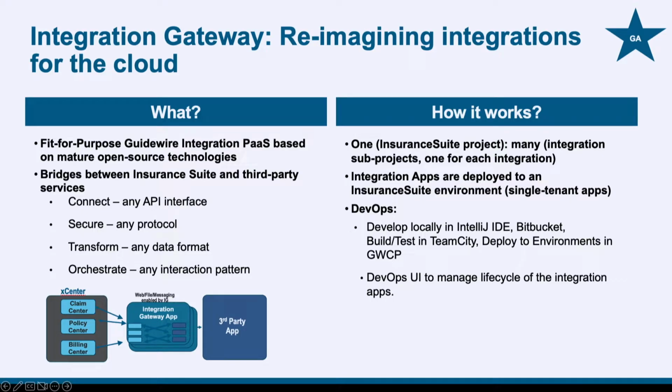So what does it do? It can help you connect with any API interface. Within Guidewire, it can talk to cloud APIs and app events. If you're talking to external systems, any web API, REST, SOAP, or file integrations, let's say you're integrating with S3, or messaging, JMS, Kafka and so on.